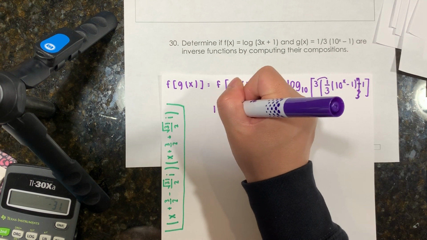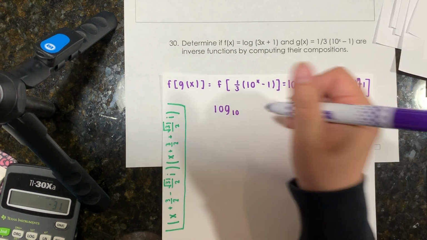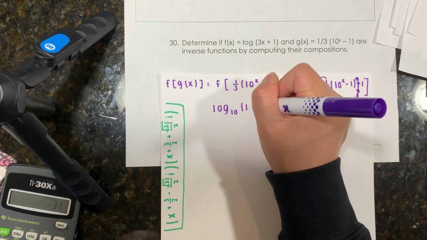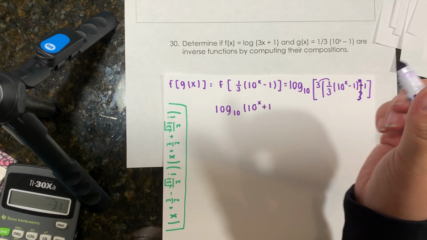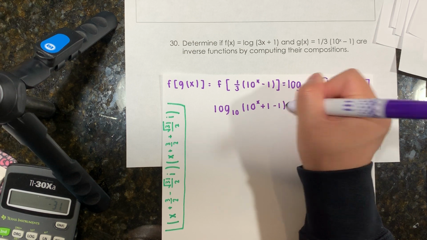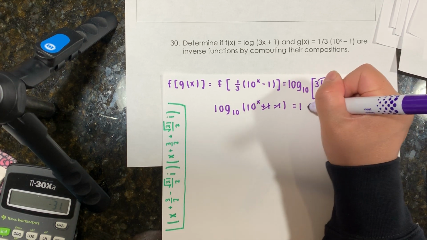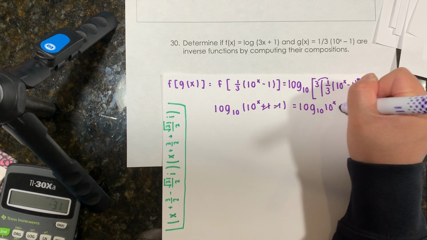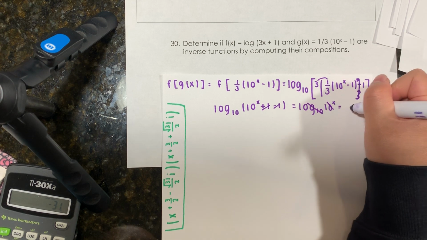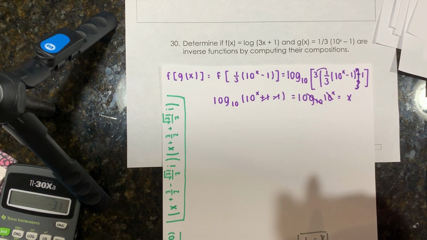So really I have log base 10 of 10 to the x plus 1 and minus 1. And those would cancel. So really I just have log 10 to the x. And the log 10 would cancel, so I would just have x. That was very confusing because I messed up.